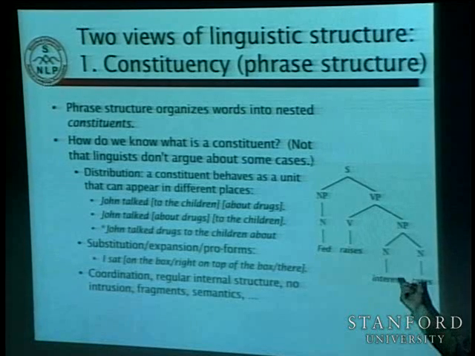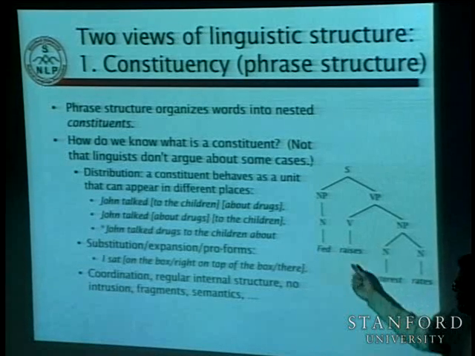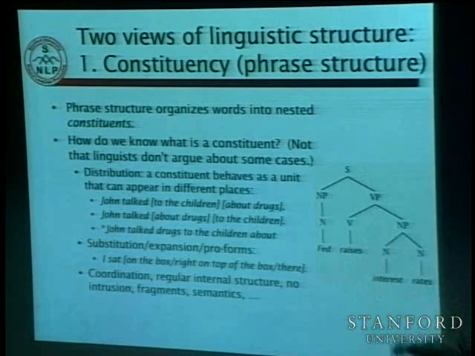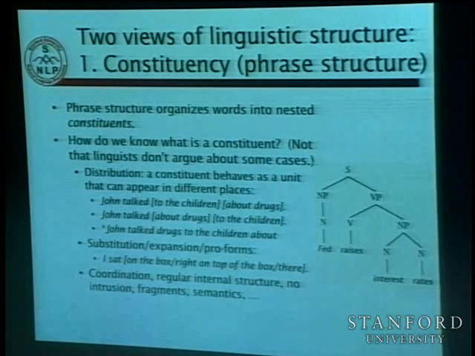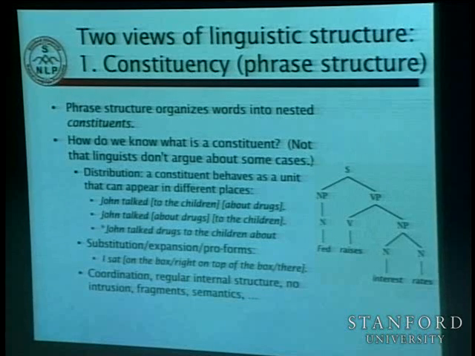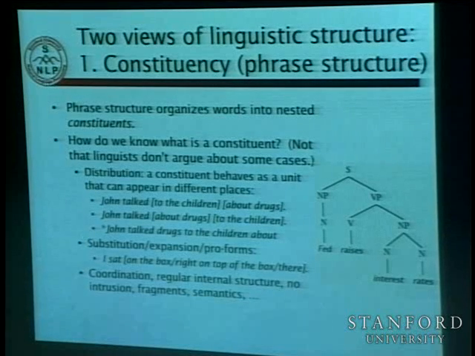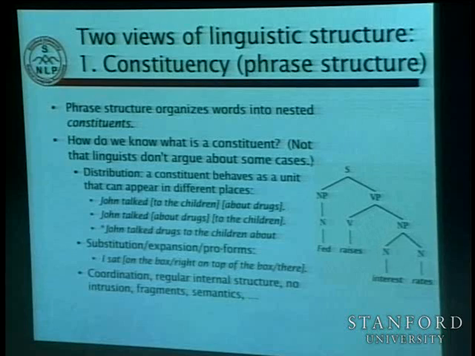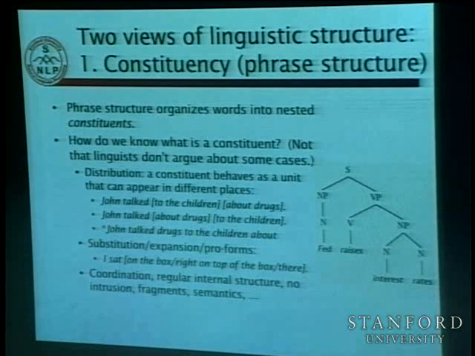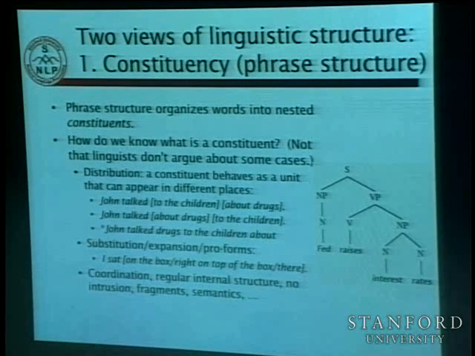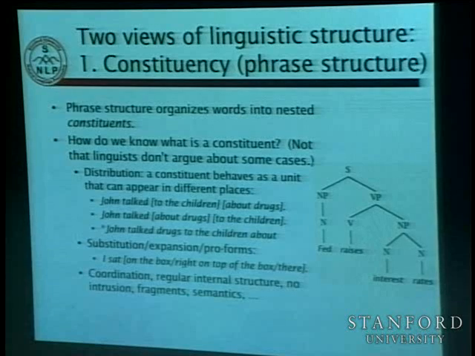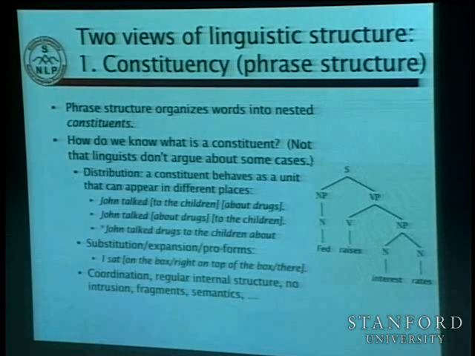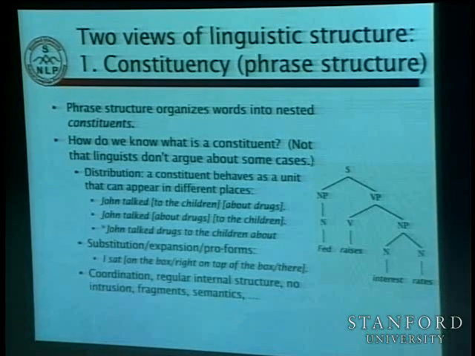So the claim is that interest rates is a noun phrase, and Fed is a noun phrase, so that they should be substitutable without mauling the syntactic structure. So you should be able to say interest rates raises Fed. And it's hard to make semantic sense of that, but it's syntactically well-formed, with Fed being a proper noun. It's a good syntactic structure.